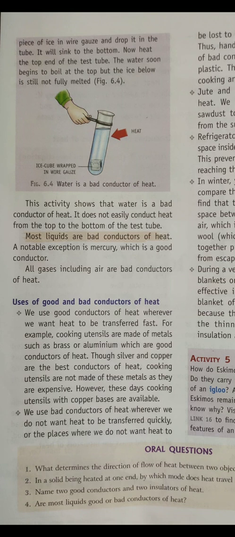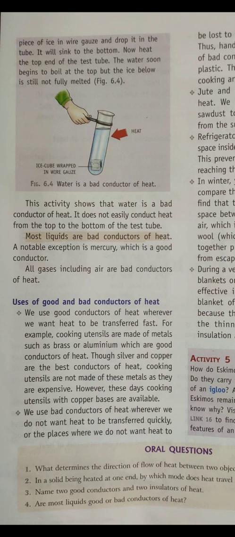If it were a conductor, the heat energy would gradually be transferred to the bottom part of the water also, and the ice cube would melt. But this does not happen.